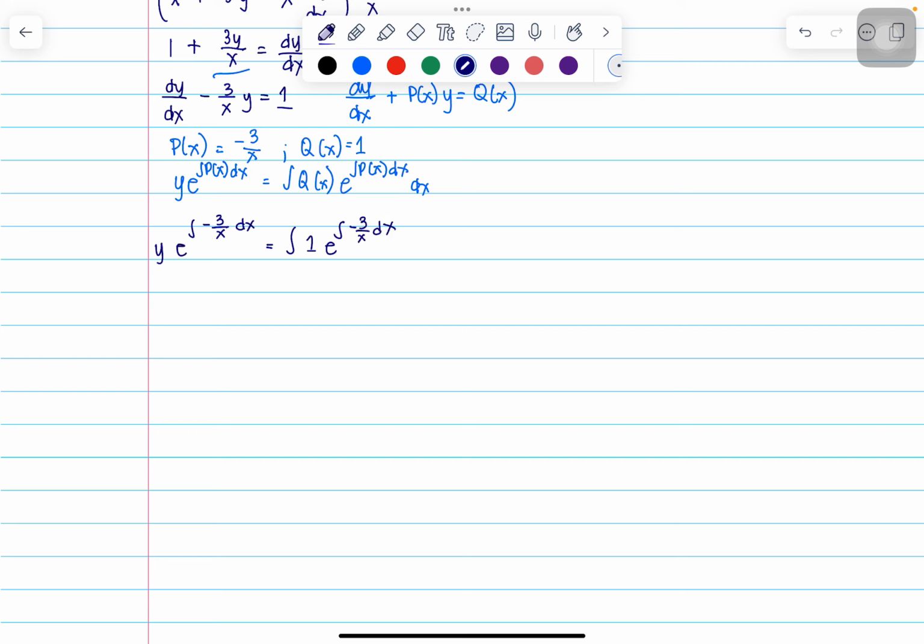Now what is the integral of negative 3 over x dx? Basically, you can take out the negative 3. You have negative 3 times the integral of 1 over x dx. So what is the integral of 1 over x dx? That is ln x. So you have negative 3 ln x. Or you can bring up the negative 3, that's ln x to the negative 3.